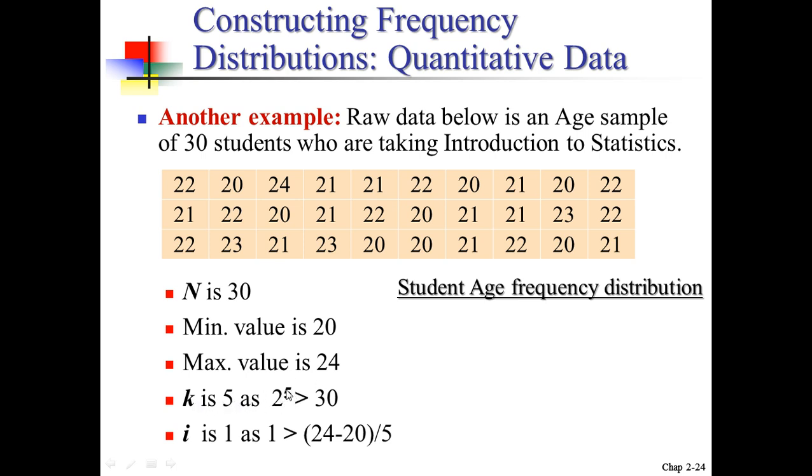So k equals 5. How about i? In order to set i, you need to calculate this result: the oldest minus the youngest, divided by the number of classes. Okay, that's why this is less than 1, 0 point something. So 0 point something, you need to take 1. You may ask, why not take 5 or 0? You cannot take 0 here because this is only 1 digit.